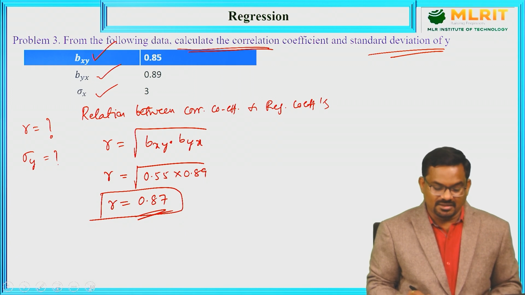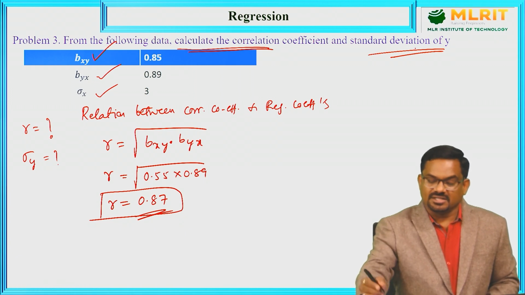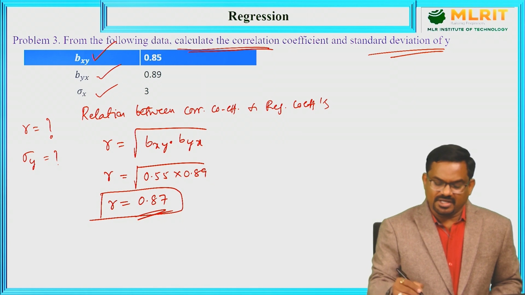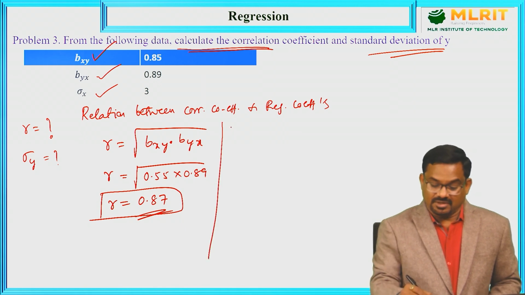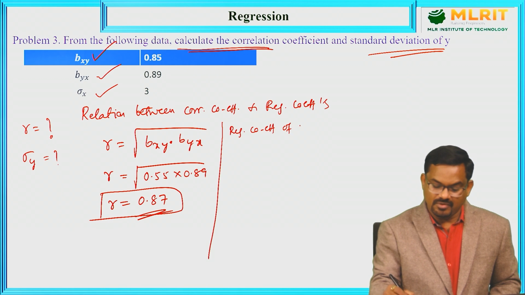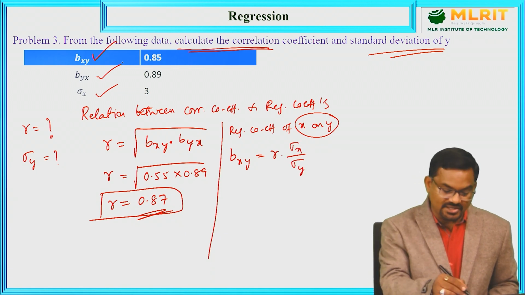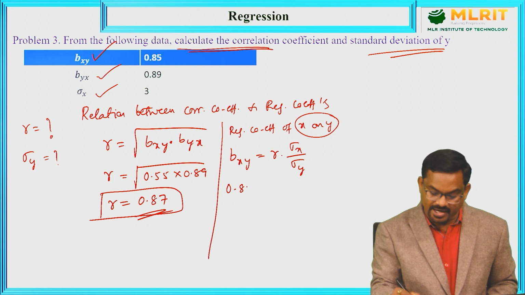Similarly, we need to calculate the standard deviation of y. For that, let us use the regression coefficient of x on y. bxy is r into sigma x by sigma y. So we have bxy, the value is given 0.85.